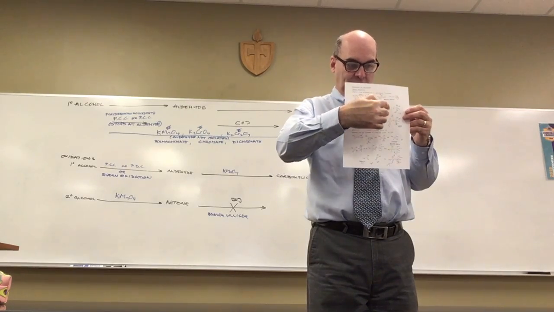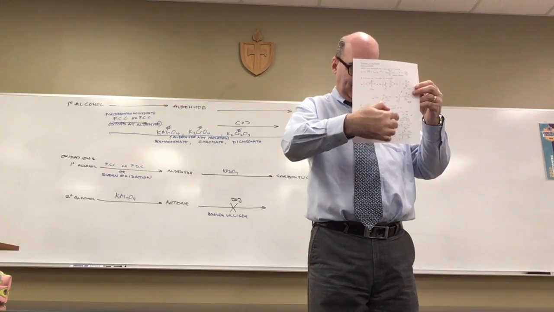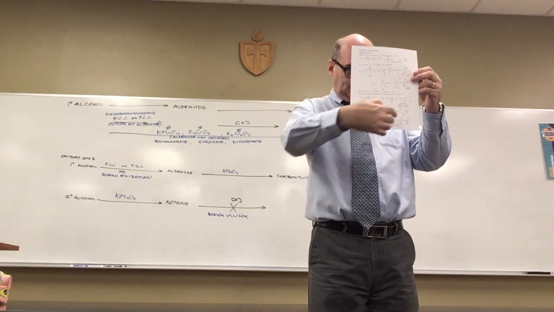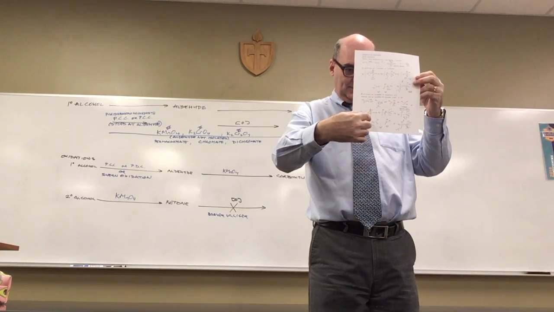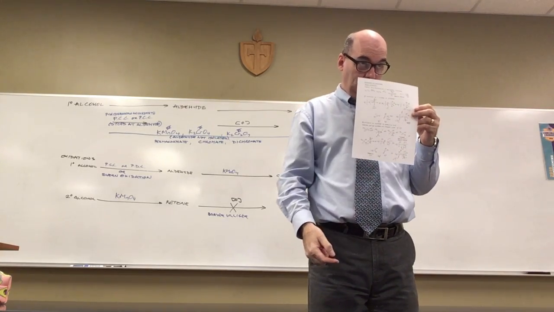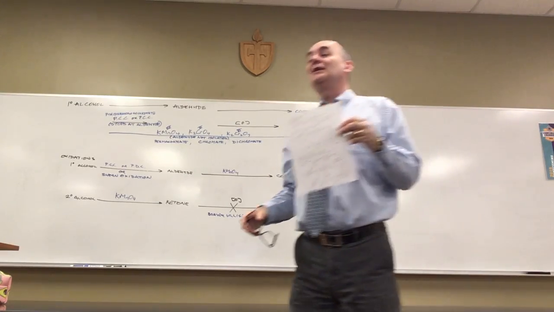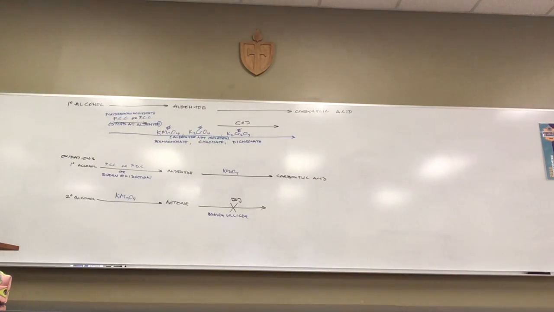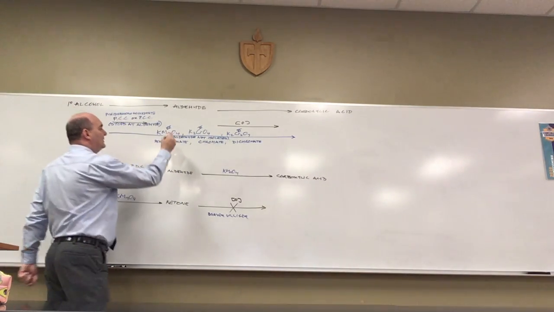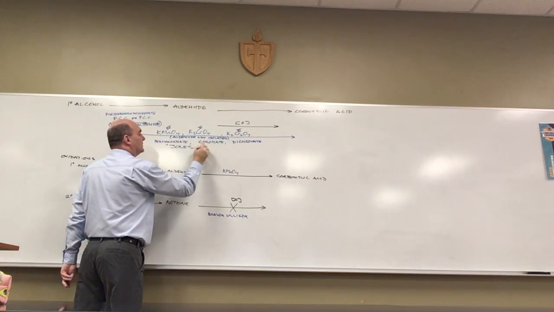There's 1, 2, 3, 4, 5, 6, 7, 8, 9, 10, 11 steps. It's a thing of beauty, but we won't be doing it. So these are called Jones oxidations.